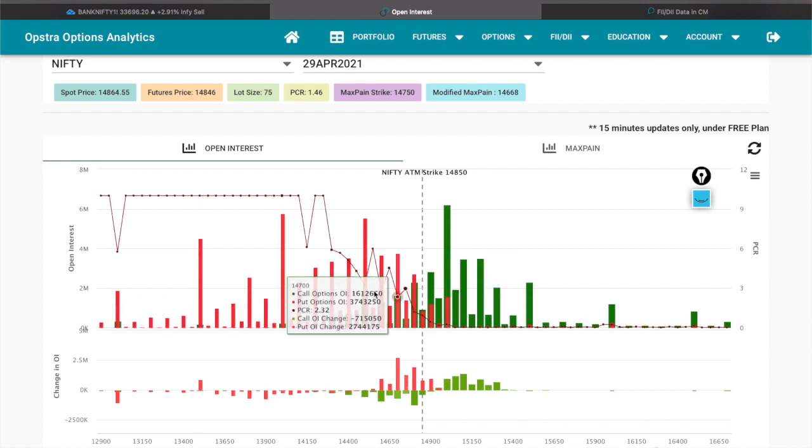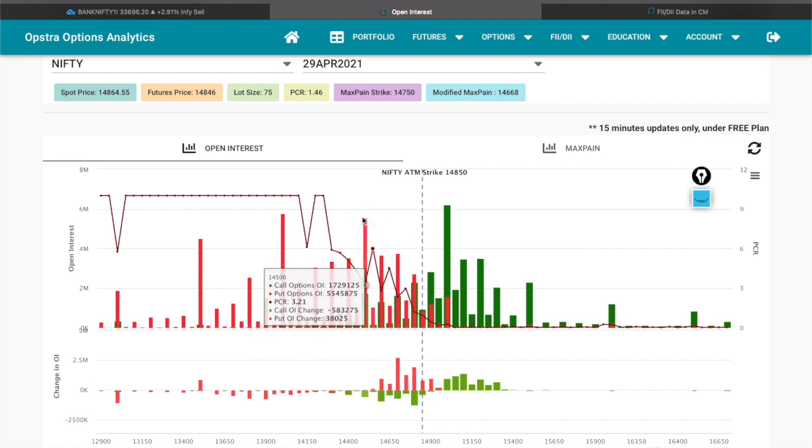Yesterday, most of the calls were written, but a smaller number of puts were written. That means fewer puts were sold. But today if you see, at 14,800, 14,700, 14,600, on all these levels, huge put writing was there, right?